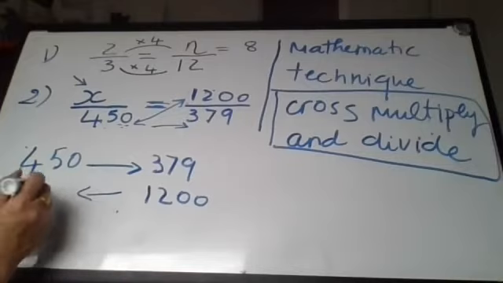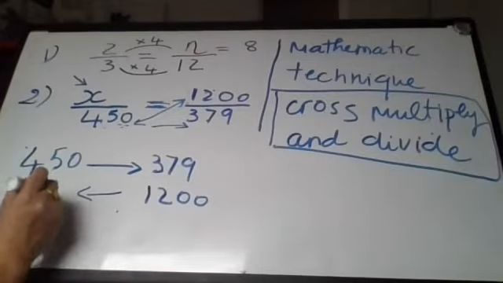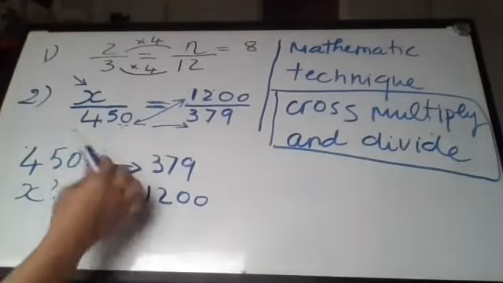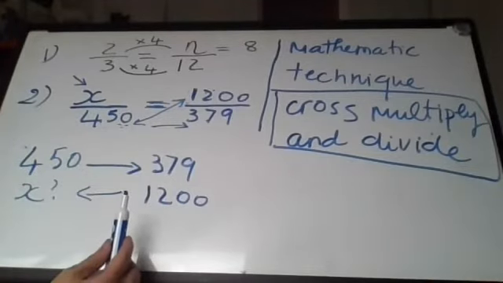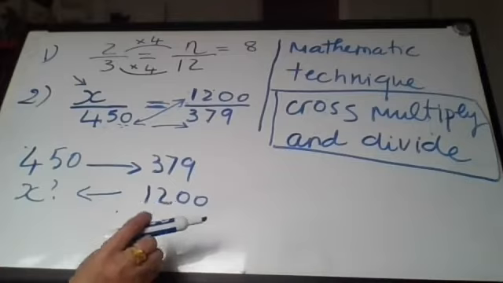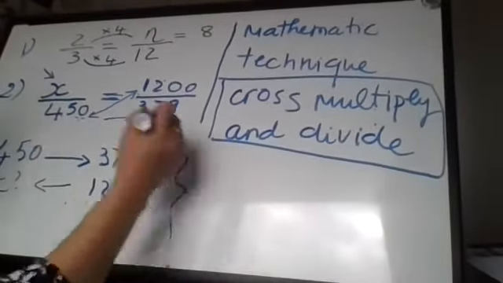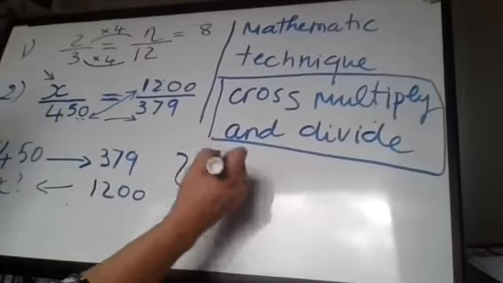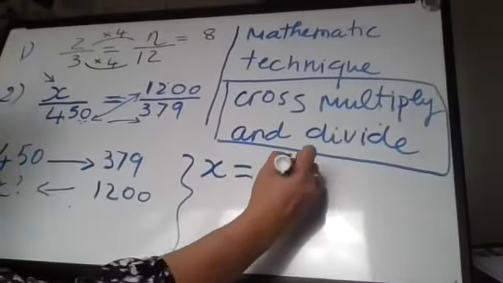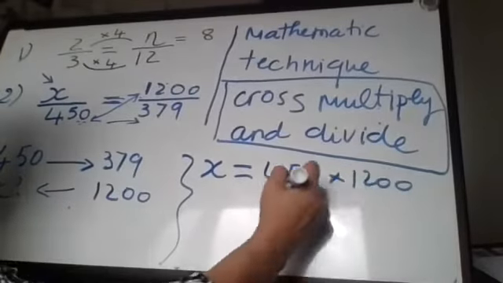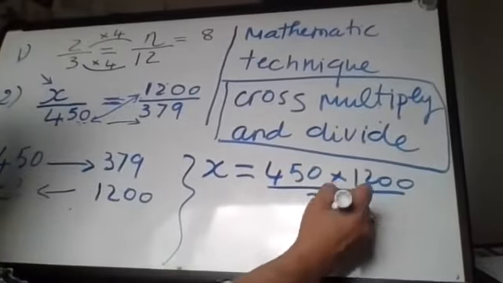Let's go back in here. What is the x number here? Set up this way or this way is the same, like an equivalent ratio problem. All you do is, if you set up this way, you can say x equals cross multiply 450 times 1,200 divided by 379.